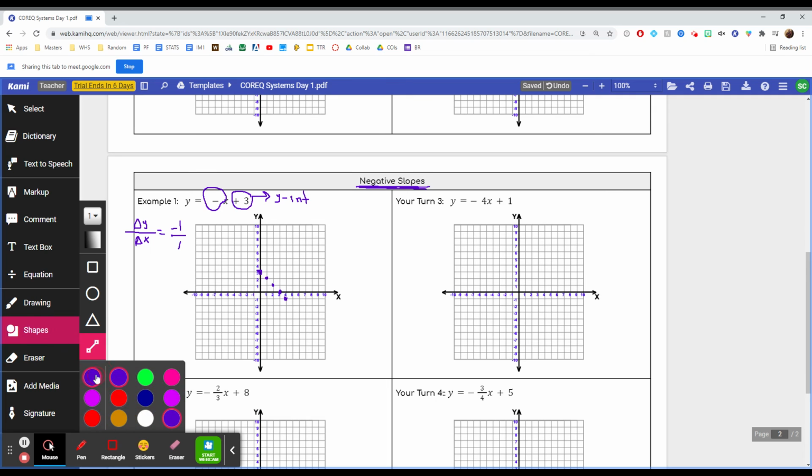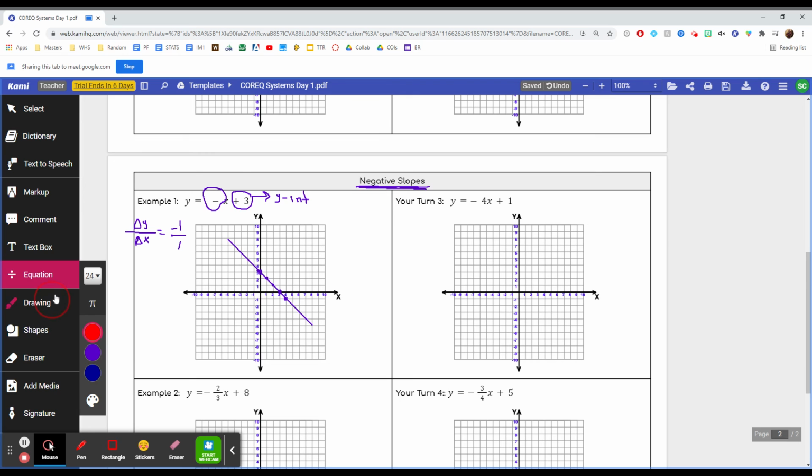I believe that should be enough. So I'm going to go from this point, connecting all my dots here, and I can make it as long as I want to. Now I'm going to add my arrows to indicate that they keep going in both directions. And I have the graph of this line.